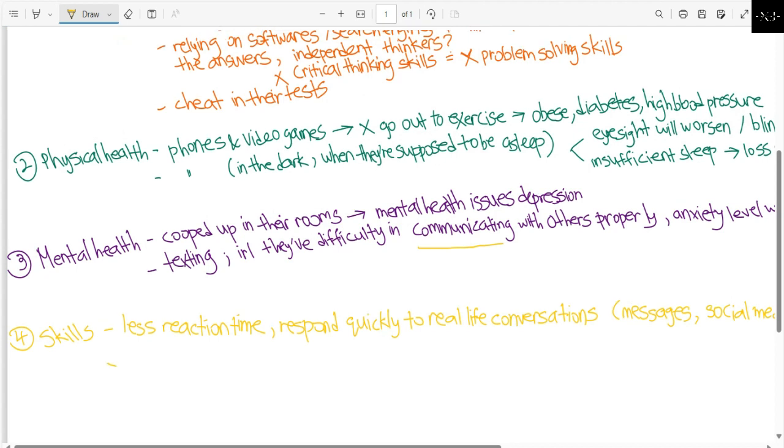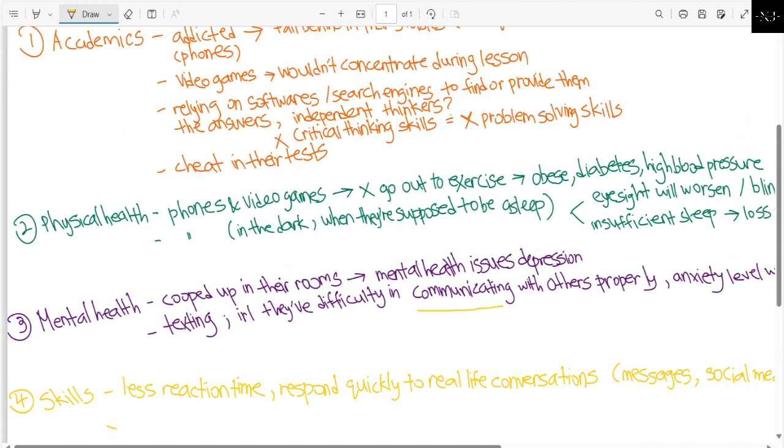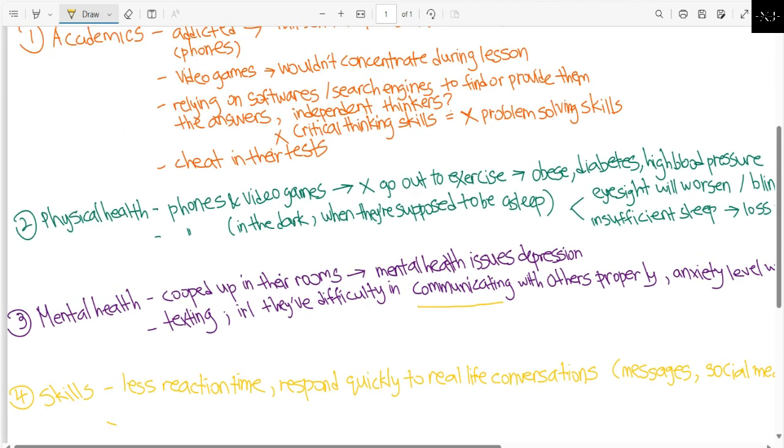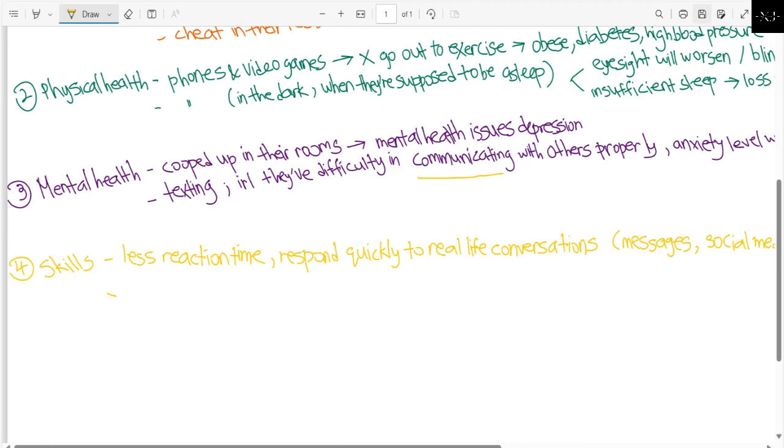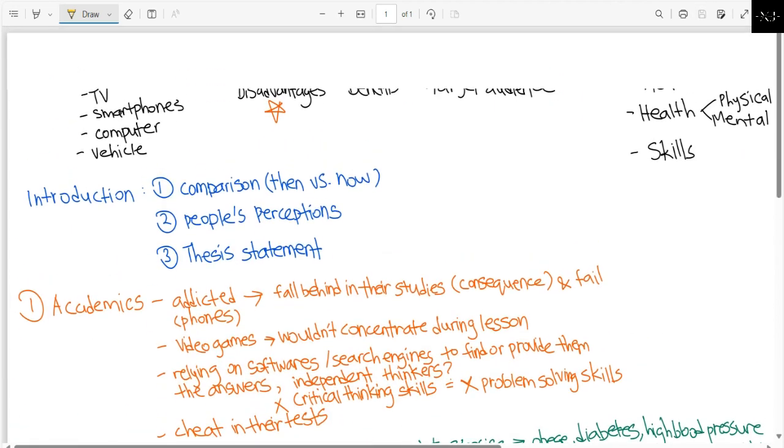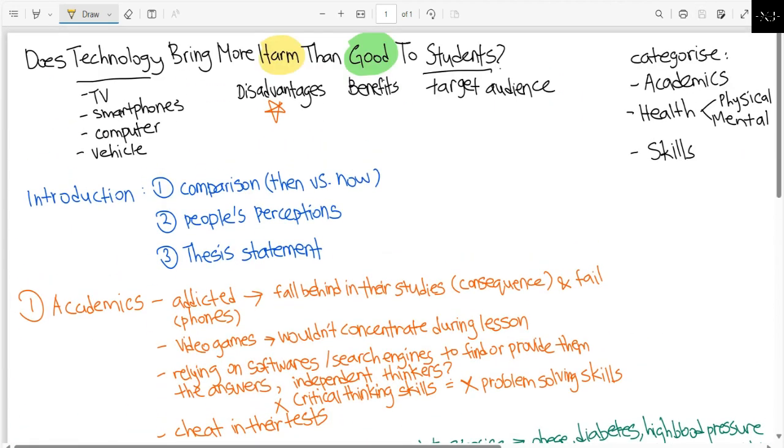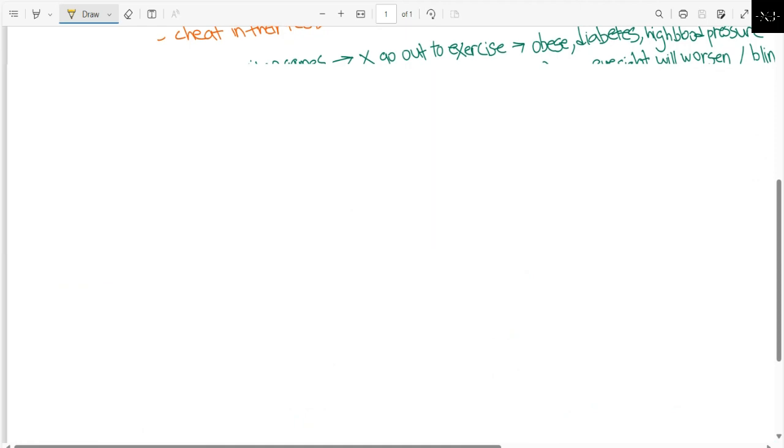We already used up no problem solving skills, so I do not want to touch on that again. What other skills can we include? There are so many skills. Speaking skills is quite obvious, that is under communication. We can talk about writing skills.